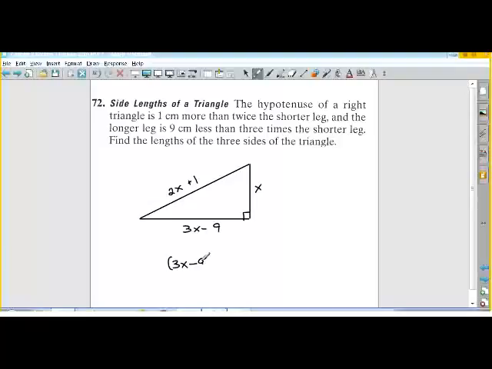So what does that mean? It means that (3x minus 9) squared, which is the length of the longer leg squared, plus the length of the shorter leg squared, x squared, is equal to the hypotenuse squared.